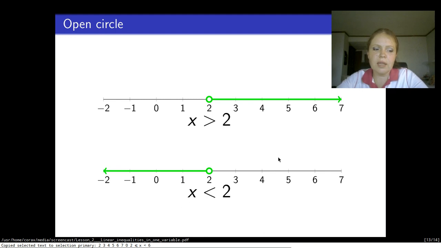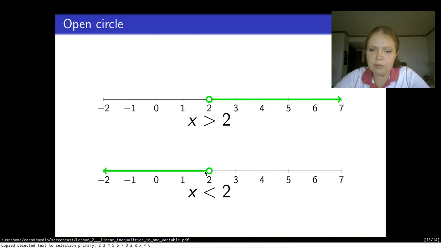So let's summarize our lesson. For inequalities containing the strict sign, greater than or less than, we should use an open circle on the number line for number 2. This means x is not equal to number 2. Number 2 is not included.